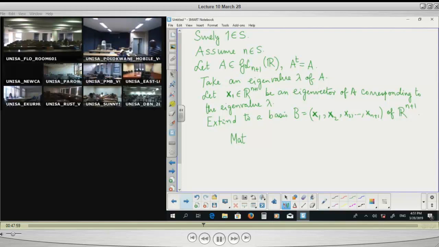So if you remember, A is giving me a linear transformation, right? Okay? So let that linear transformation be taken as this: multiplication by A. So what is the matrix?